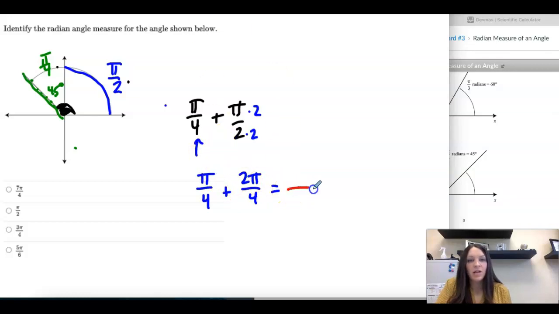And when we add, we keep the denominator and add the numerators. Remember, there's an invisible 1 next to everything. This is 1 pi plus 2 pi, which is 3. And then the pi is 3 pi over 4. That's the radian measure.